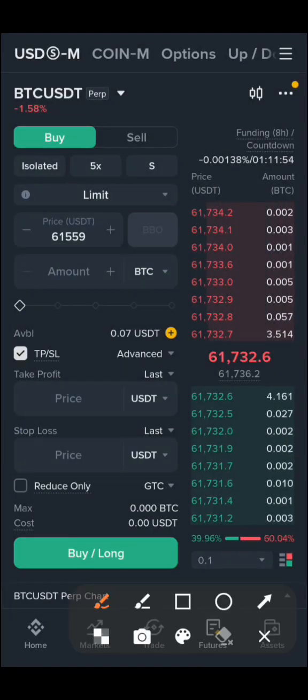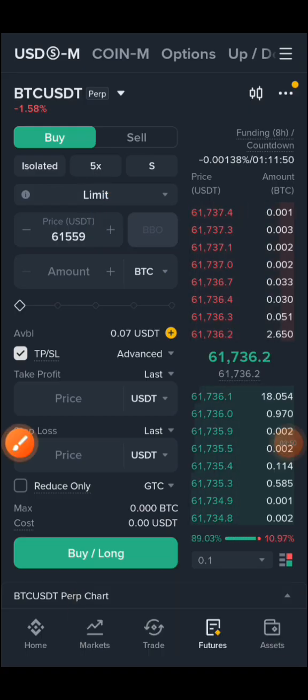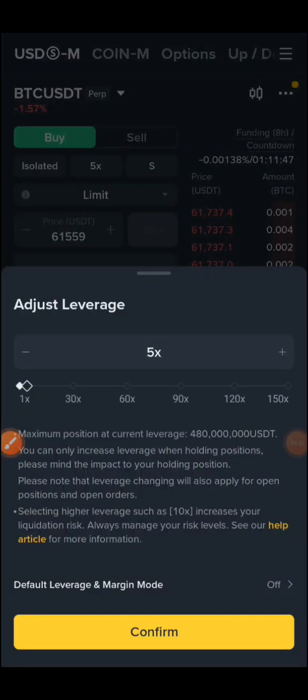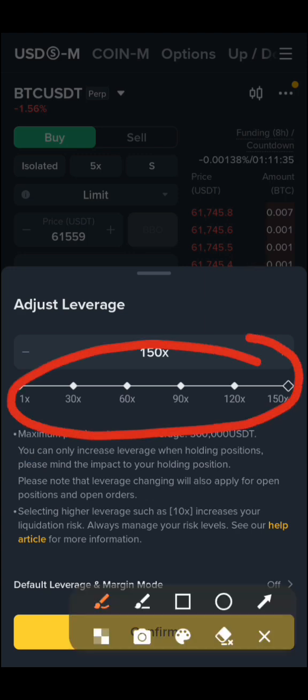Now we have leverage right here, where you're seeing times 5. Yours may be times anything else. This is the leverage you're using. You can drag this slider up to 150, as you can see right here. So the leverage you're using means that your capital is going to benefit times that leverage.